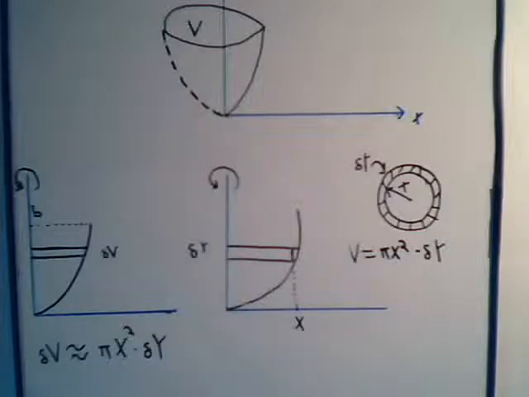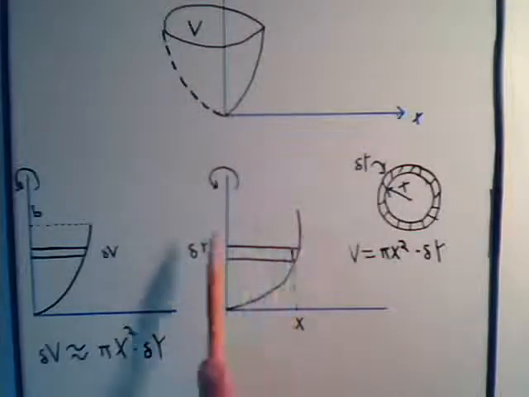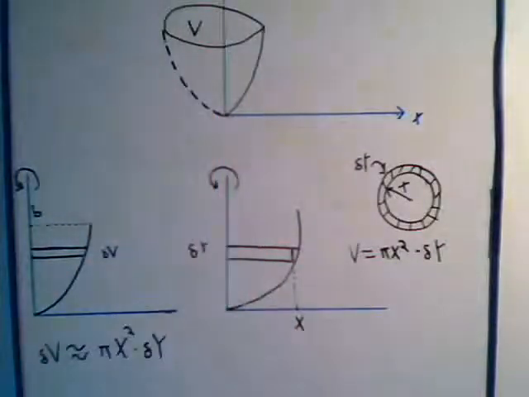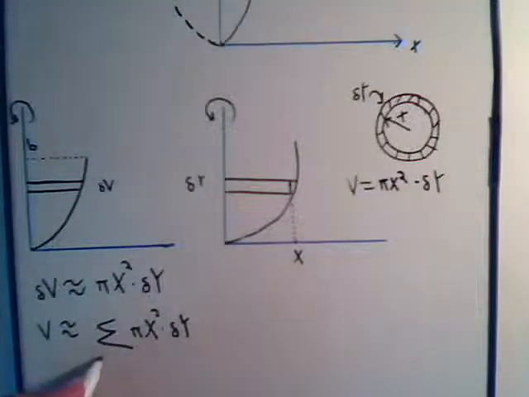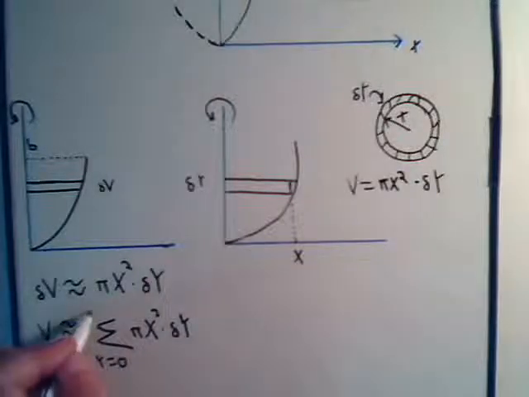Each one, of course, has a certain volume associated with it. And as we keep adding up the volume of all these circular disks, that would be an approximation to the volume of our solid figure. So we can say that the total volume V is approximately equal to the sum of all these circular disks, adding them all up, starting at y equals 0 and going on up to y equals b.